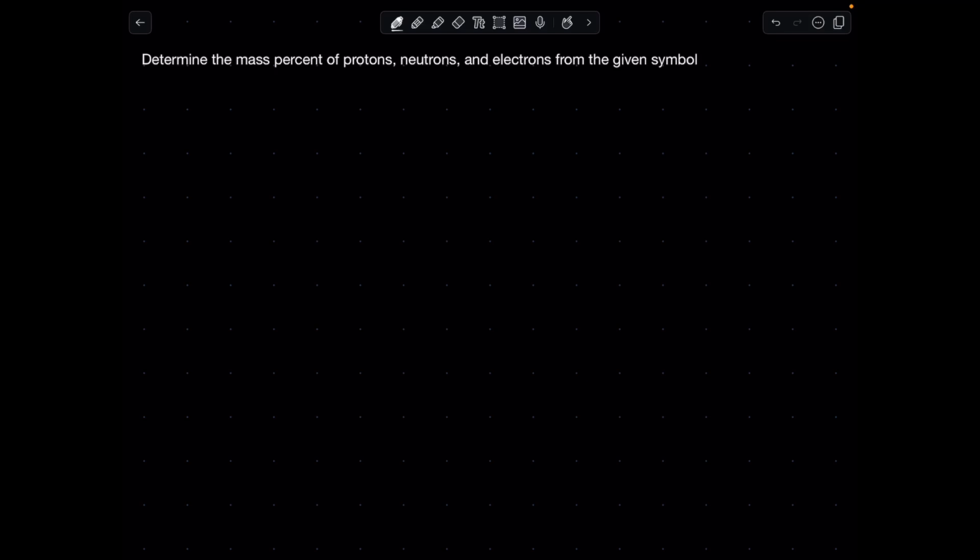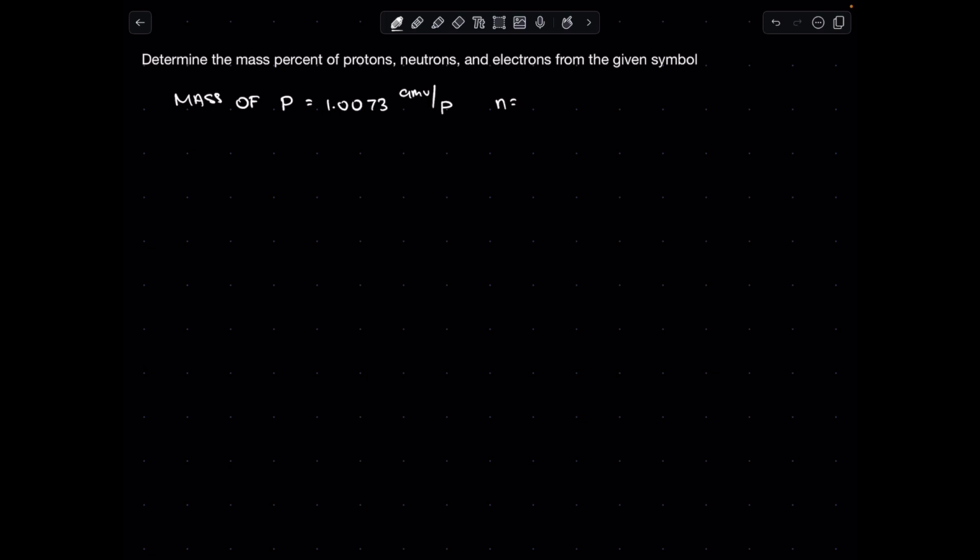In this video, we're going to determine the mass percent of protons, neutrons, and electrons from the given symbol. So first, we need some valuable information, which is going to be the mass of our protons, neutrons, and electrons. So the mass of our protons is going to be equal to 1.00073 AMUs for protons.